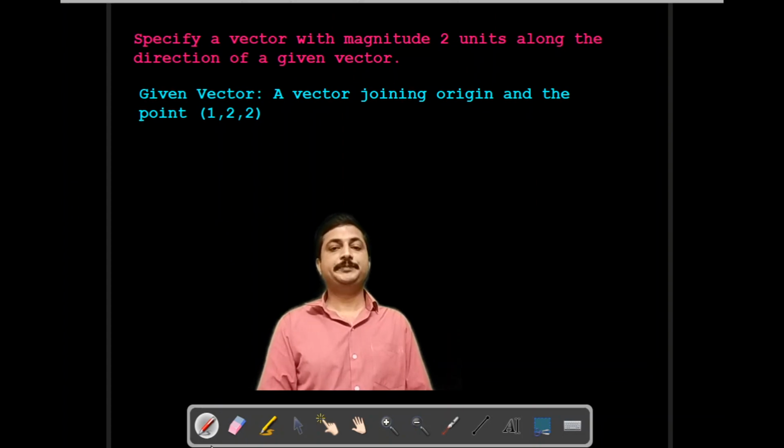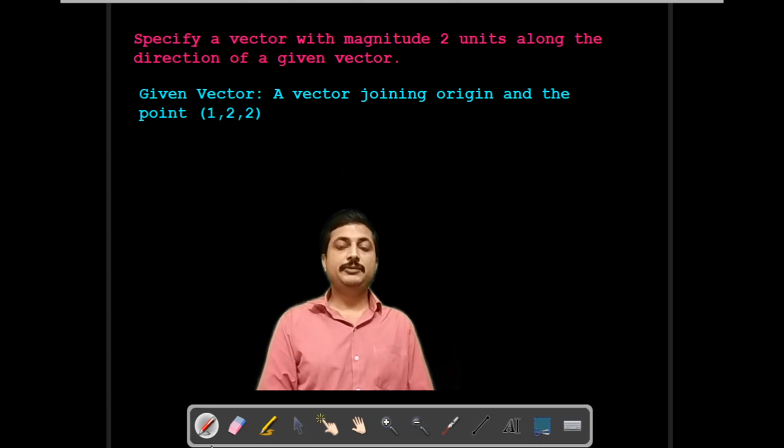vector. So a unit vector is very helpful in finding a new vector if we know an already existing vector. In other words, you may need to find a new vector in the direction of an already existing vector.